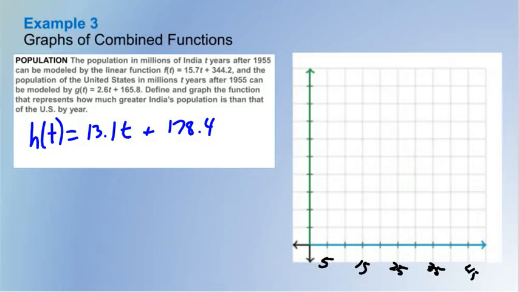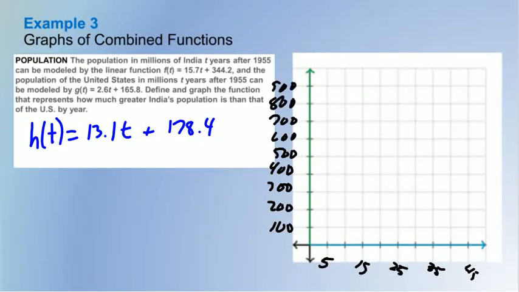And then the y's, we can count by 100s. So this would be 100, 200, 300, 400, 500, 600, 700, 800, 900, and 1,000. Now we can plot our points on here.